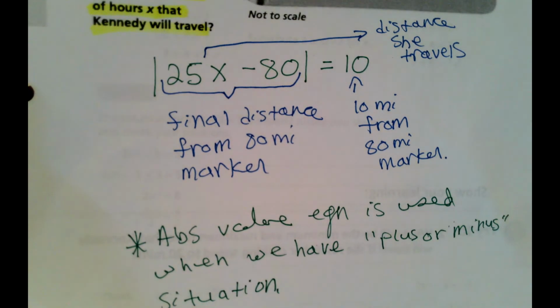So if it's like plus or minus, give or take, or things of that nature, this is when we know that we're going to use an absolute value, because your absolute value is going to break it into cases where you have both the plus version and the minus version.